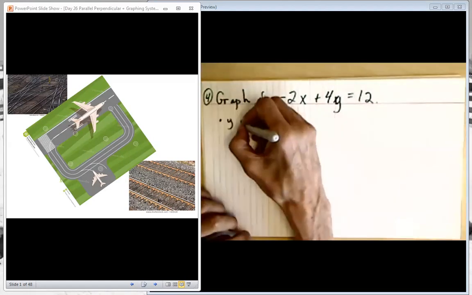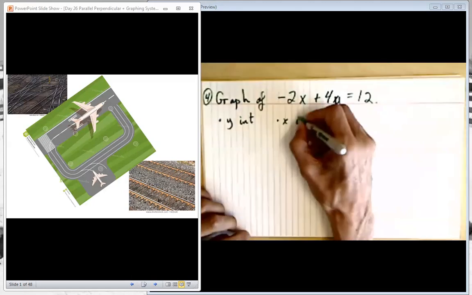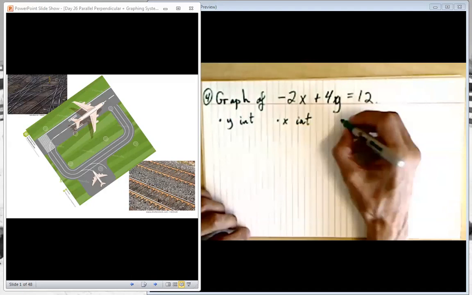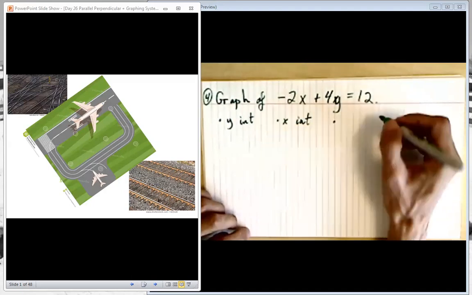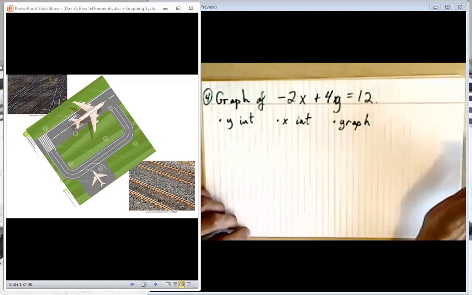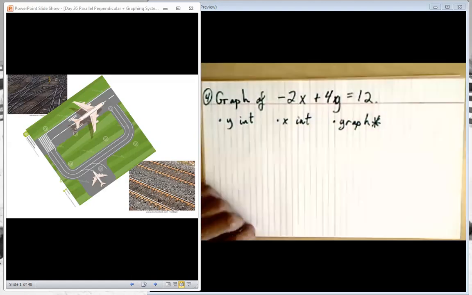Said y-intercept first. Fine. X-intercept next. What was after that? Yeah, I guess we can graph. We got to watch our directions though. So I'm going to put our check signal beside it there. And then, yeah, connect the dots at the end, right?